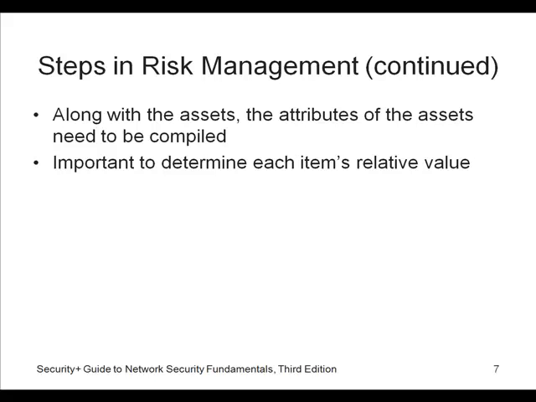And then we have to determine each item's relative value, because are we going to be able to apply the same protection to every device in the network? Depreciation. Is each of the machines in this building worth the same as every other machine? And we already do some extra protection for the servers, don't we? Put them in their own room and lock the room.